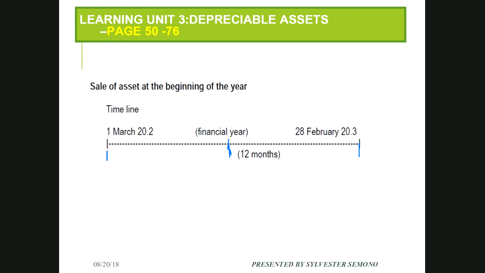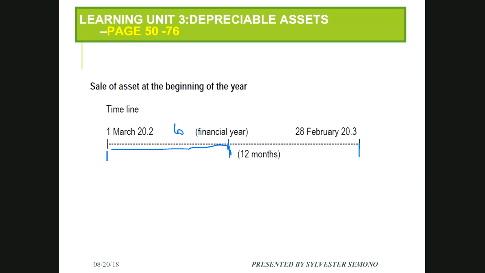So guys, I'm using my mouse, that's why 6 months, okay? So when I calculate depreciation for the year, this asset will be depreciated from this period to this period, okay? I cannot calculate it for the whole year. Why not the whole year?